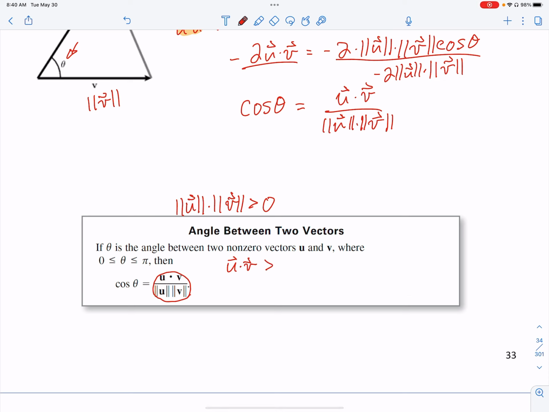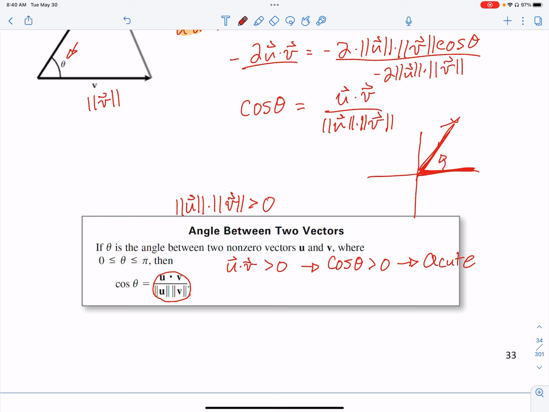If u dot v is greater than 0, then cosine theta is greater than 0, which means the angle, and cosine is an x value, has to be in this quadrant where x is positive. So this is an acute angle because cosine is positive.